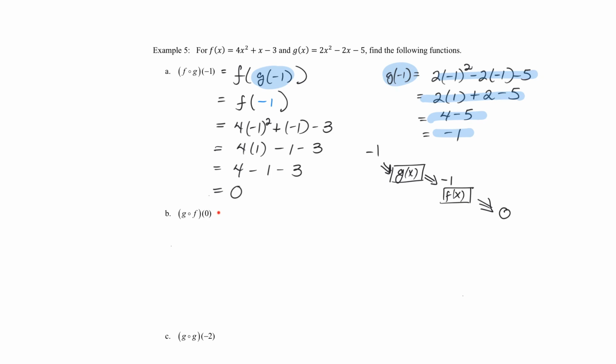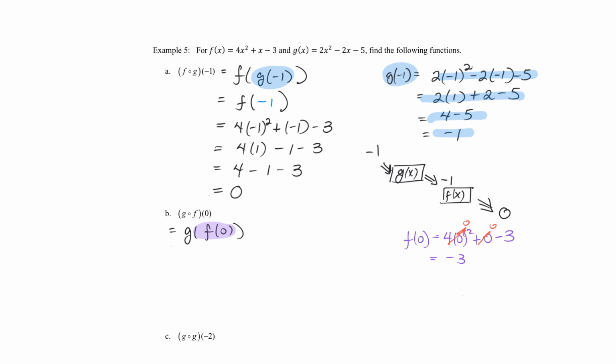Now, part B asks me to find g of f of 0. So I'm going to come over here, and I'm going to find f of 0. Well, it's 4 times 0 squared plus 0 minus 3. 0, 0, that's just equal to negative 3, right?